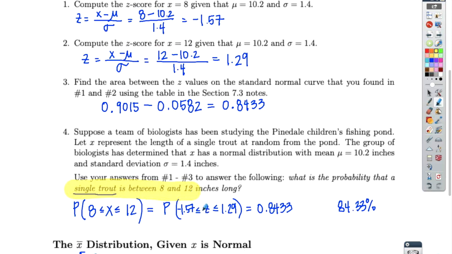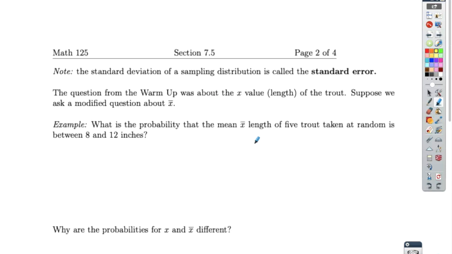Just one trout, you catch one trout, what's the probability that that one trout is between 8 and 12 inches long, which was a fairly high probability, 84.33%. Now we're asking, what is the probability that the mean length of 5 trout is between 8 and 12 inches? So now you catch 5 and you measure all of their lengths. What is the probability that the average length of those 5 trout is somewhere between 8 and 12 inches?